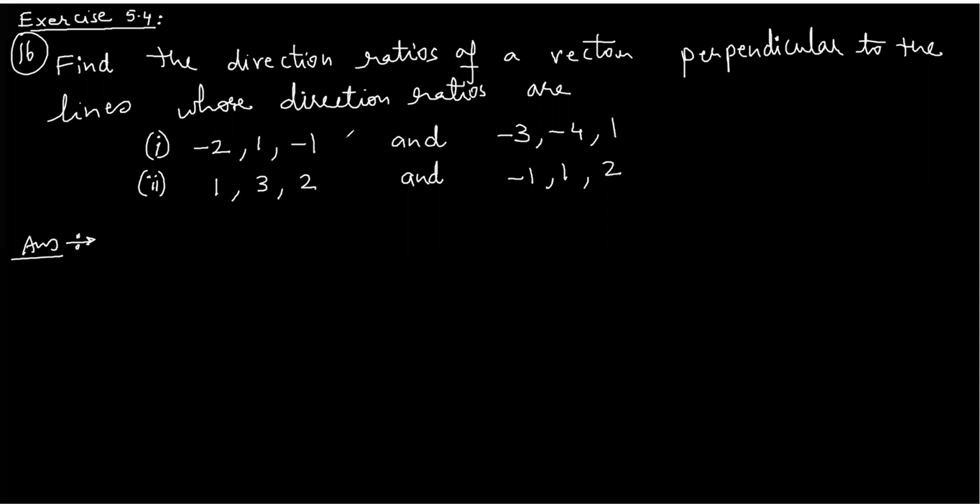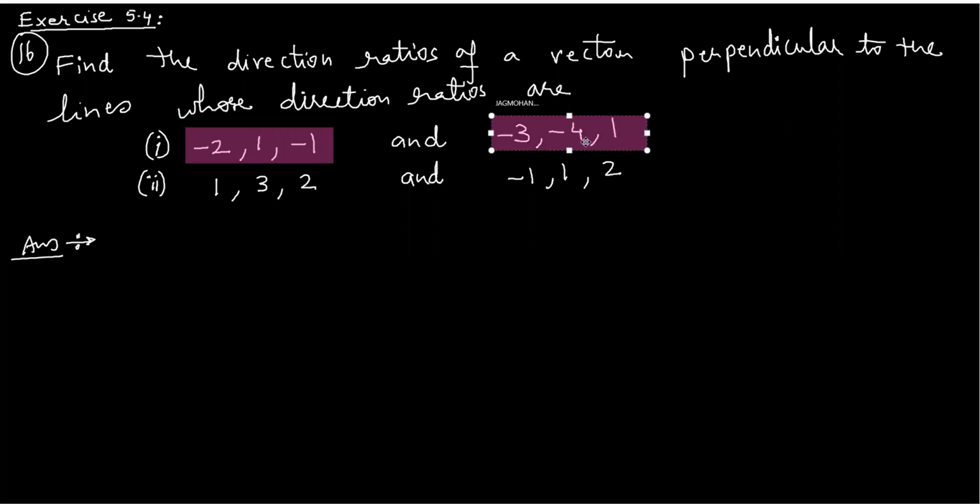In this question, they are giving us two lines with the direction ratios. One of the lines has the direction ratio -2, 1, -1, and the other has -3, -4, and 1.